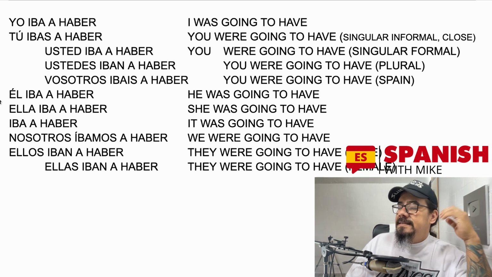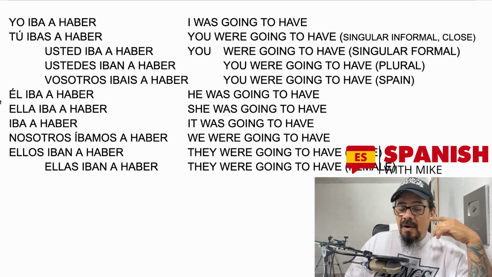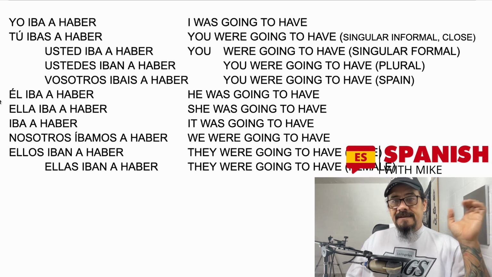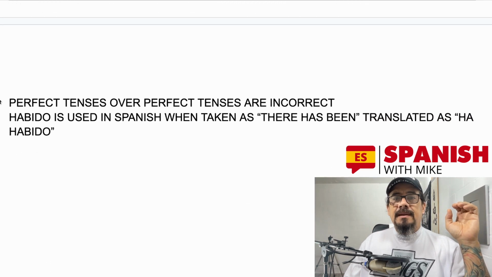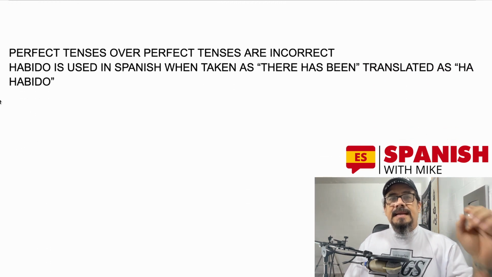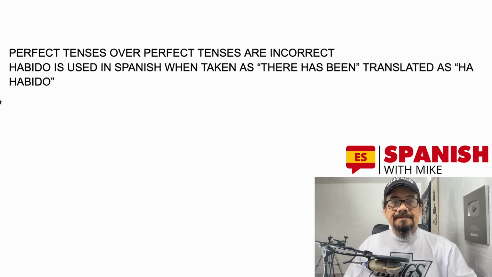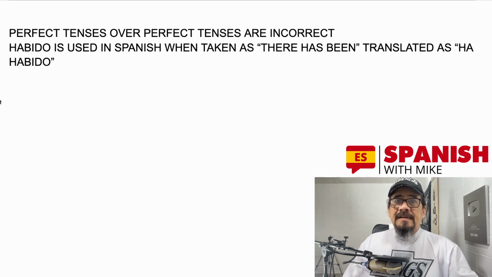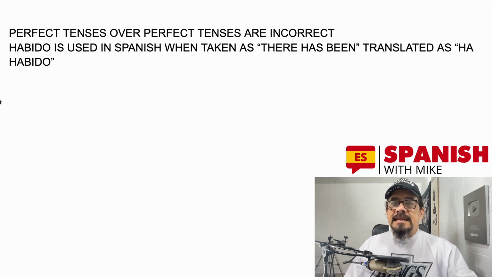Remember, all of these examples, all of these structures must be followed by a verb in the past participle. Perfect tenses over perfect tenses are incorrect. Okay, so I cannot use a perfect tense over a perfect tense.